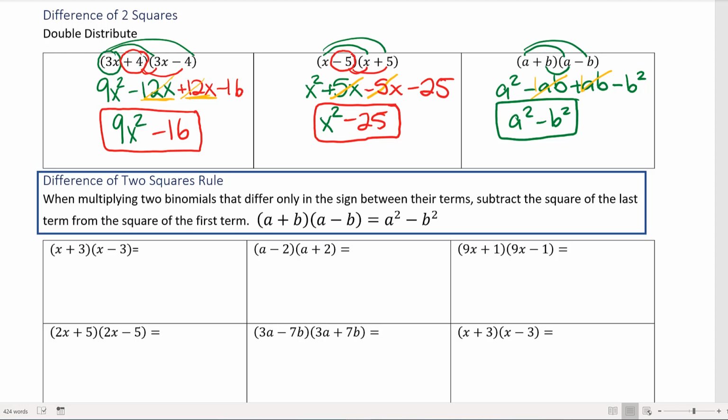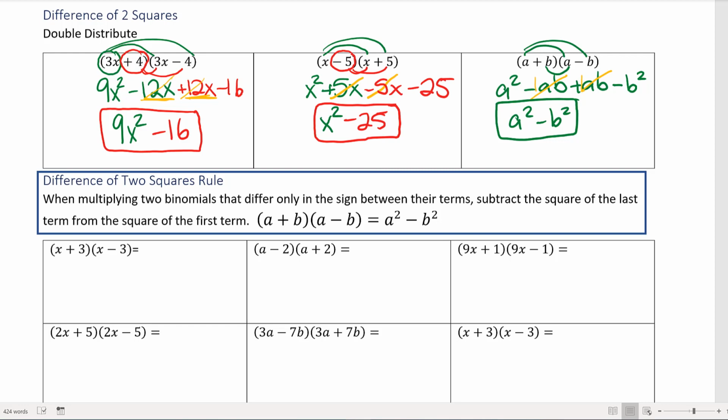The only difference is the sign. In a plus b and a minus b, again, the terms were the same, but the sign in the middle was different. And when that happens, the two middle terms always cancel out, and all you're left with is the square of the first term minus the square of the last term.